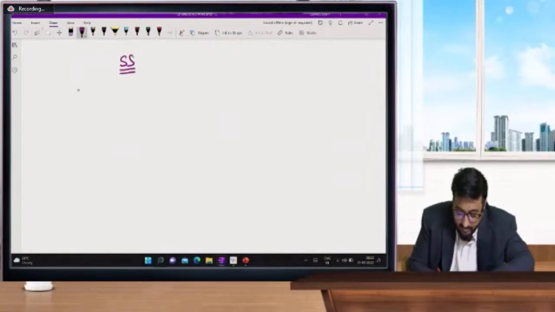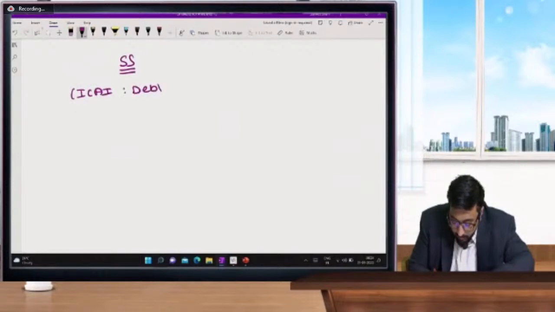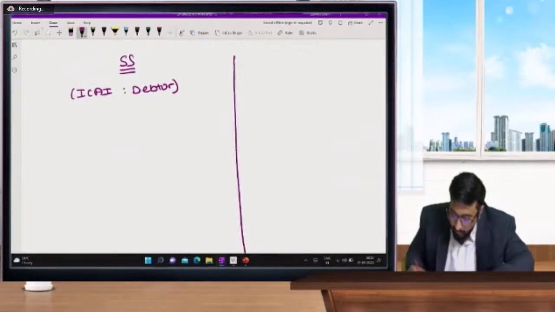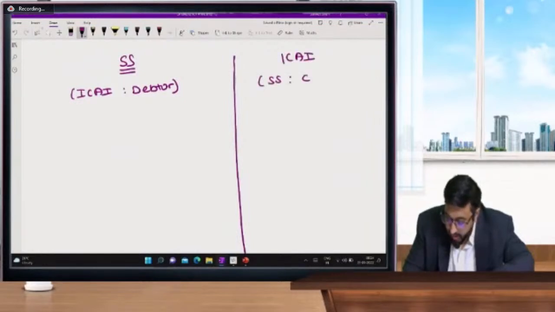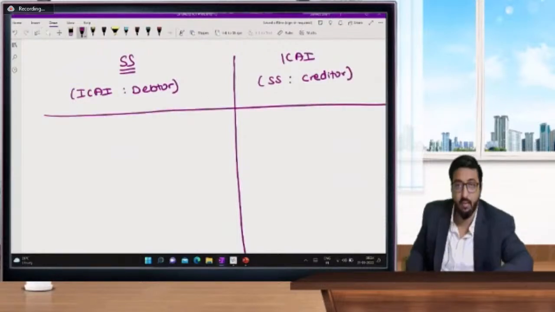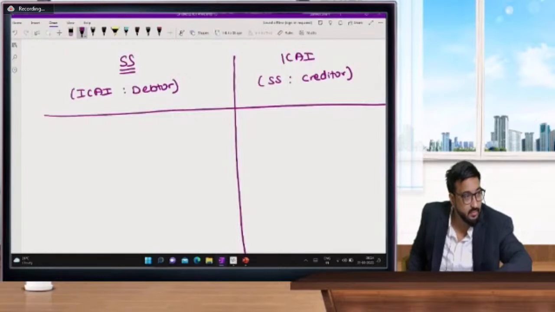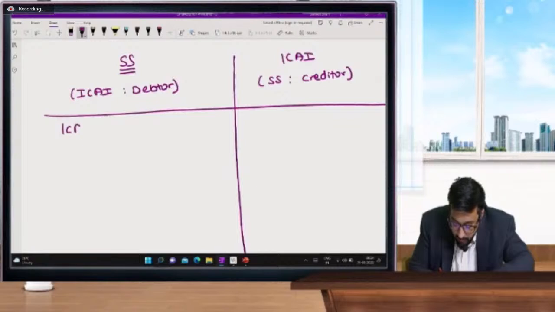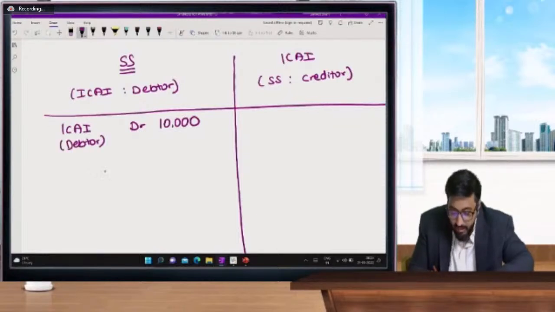For SS, ICI is a debtor, and for ICI, Sanket Shah is a creditor. करेक्ट है? So for me, ICI account debit 10,000. Why? Because ICI is debtor.